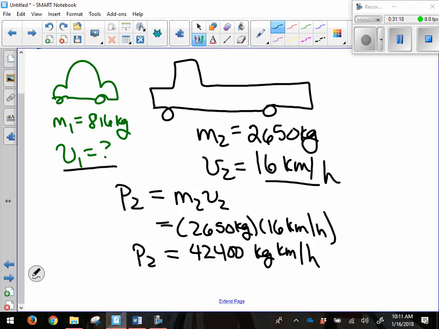Yeah, which is a stupid unit. If you were doing a real problem, you'd convert it and you'd have kilogram meters per second, which would be the SI units for momentum. But because it doesn't have a funky name, it kind of doesn't matter. All right, is that what everybody got?